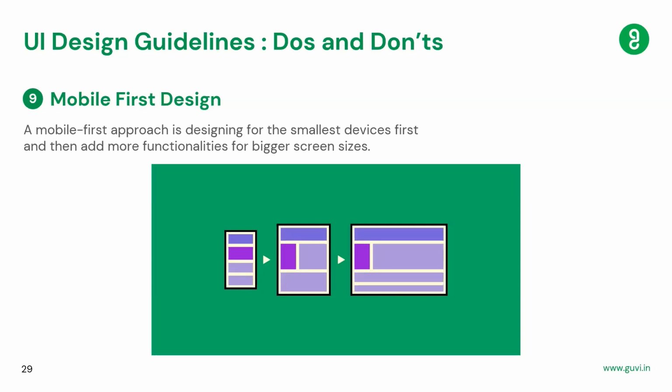So we should start our approach by designing for the smartwatch first, then the mobile, then the tablet, and then ultimately the website. It is easier to scale up than scale down. So it is called mobile first design, it is widely used, and it is a very good practice to use in UI design.